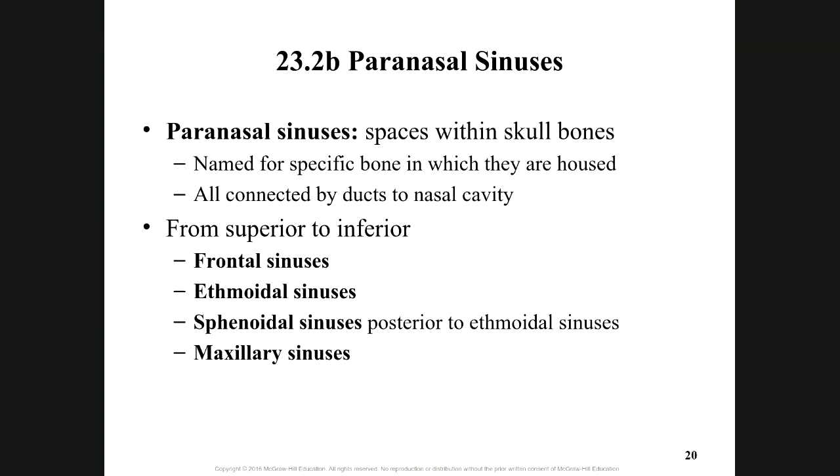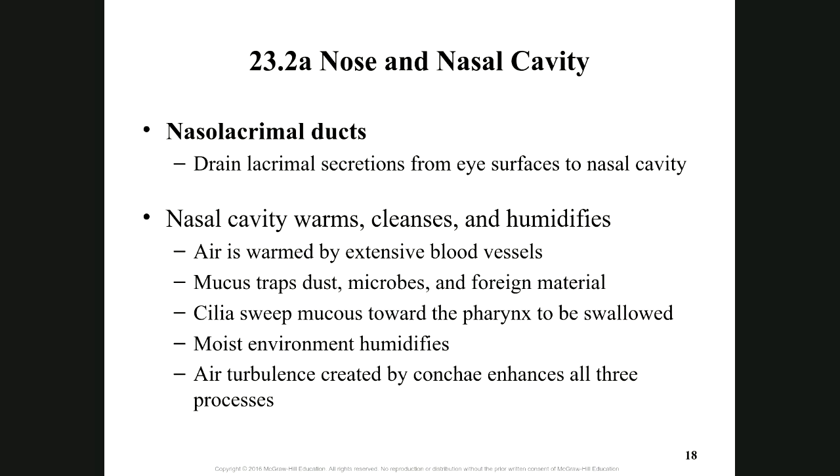The nasolacrimal duct is a duct which we have between our eyes and the nasal cavity, and it can drain the lacrimal secretion from the eye surface to the nasal cavity. And it's interesting to know that when you are crying, you have a runny nose too, because some parts of your tear come out of this nasolacrimal duct and come out of your nose.